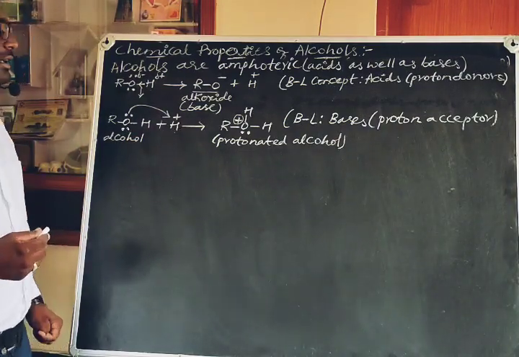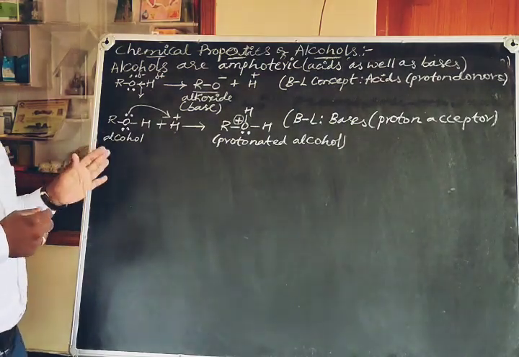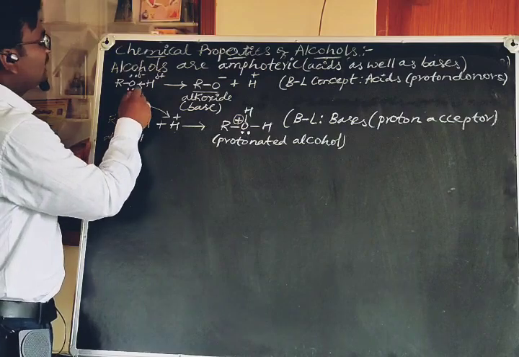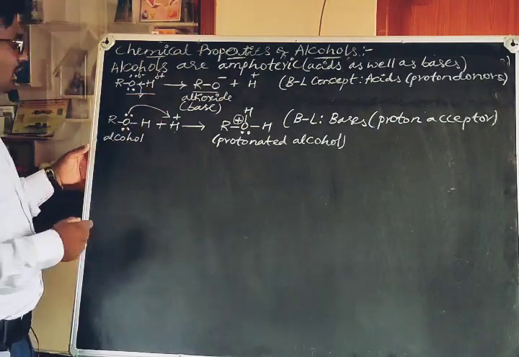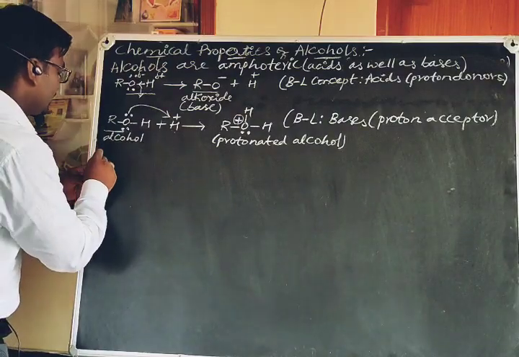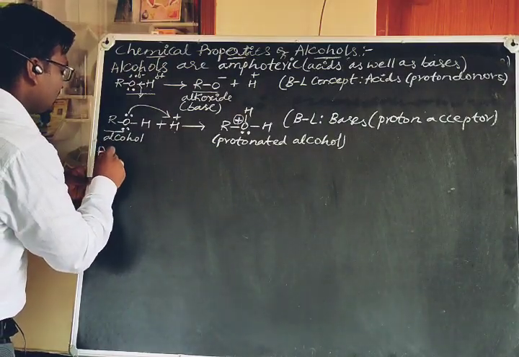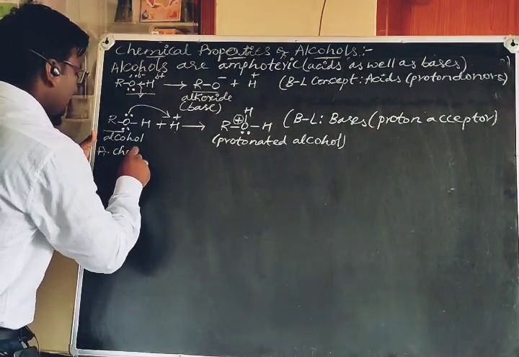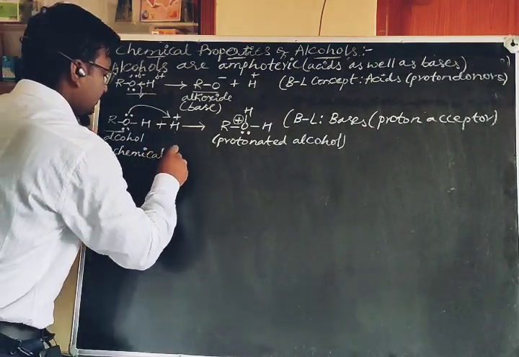After this, we shall discuss some chemical reactions involving cleavage of the OH bond and cleavage of the CO bond. Firstly, we shall consider chemical reactions involving cleavage of the OH bond.